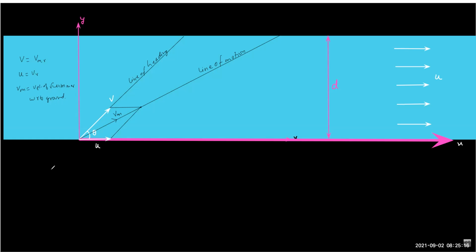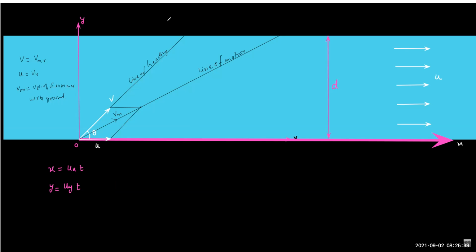Before you solve any question, let's learn how to write the x coordinate. If I say this is the origin, the x coordinate at any time t is written as ux into t, and the y coordinate as uy into t.